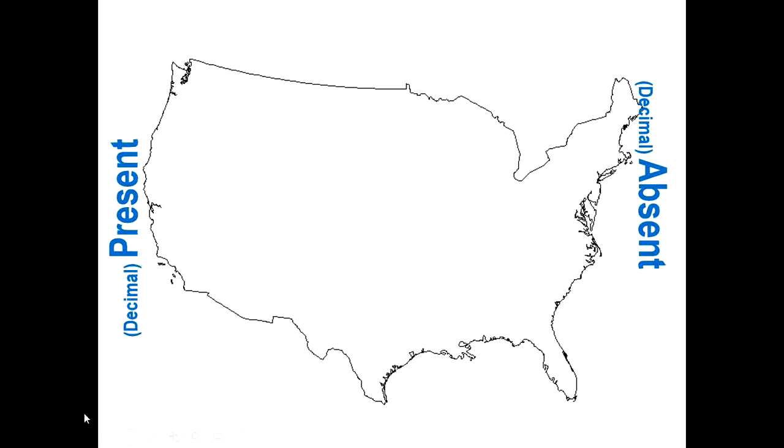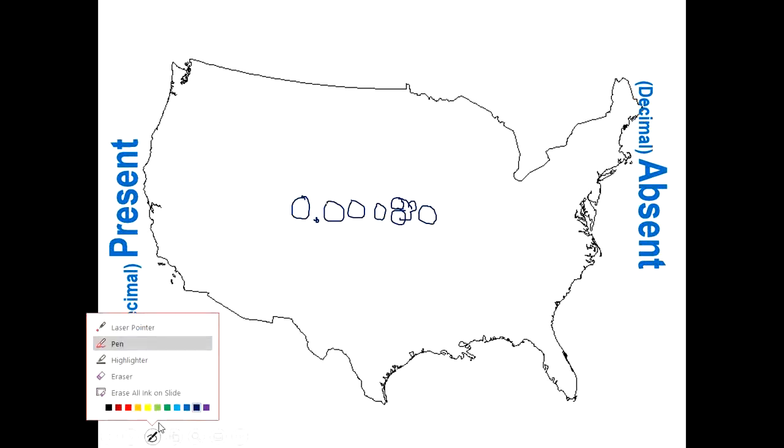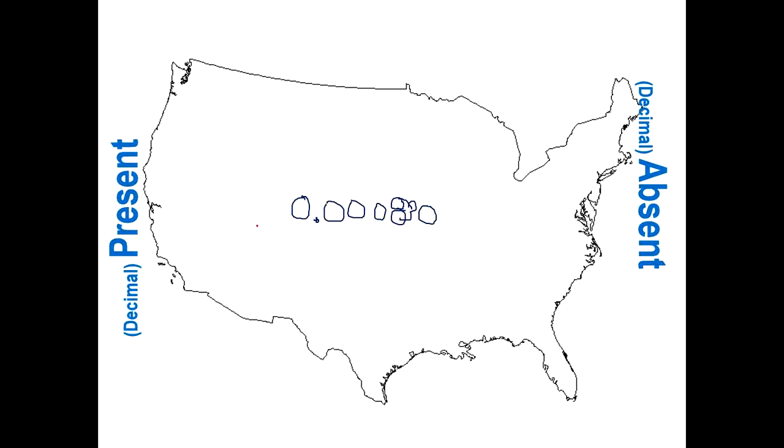Let's try another one. And I'm going to pull out a pen for this one. Let's say I have the number 0.000837. Decimal absent or decimal present? My decimal is present, and so I'm going to start counting from the left side, and I'm going to count it left to right.